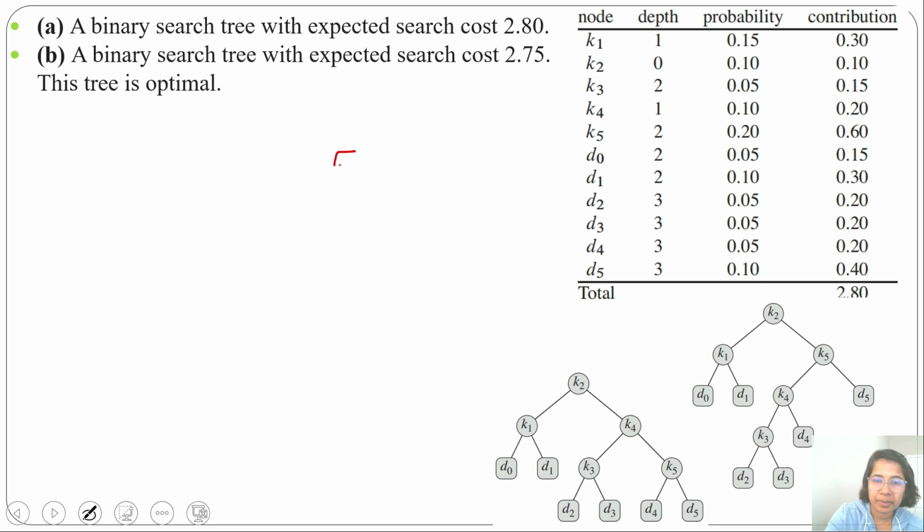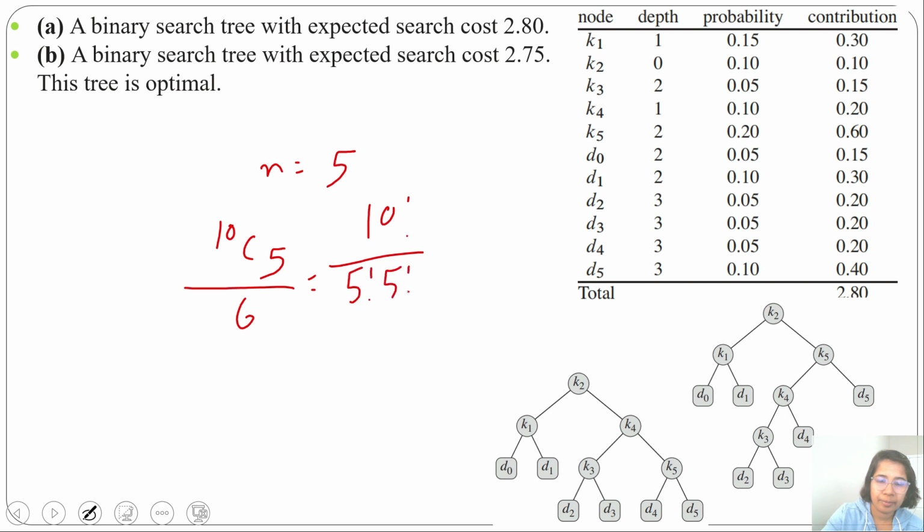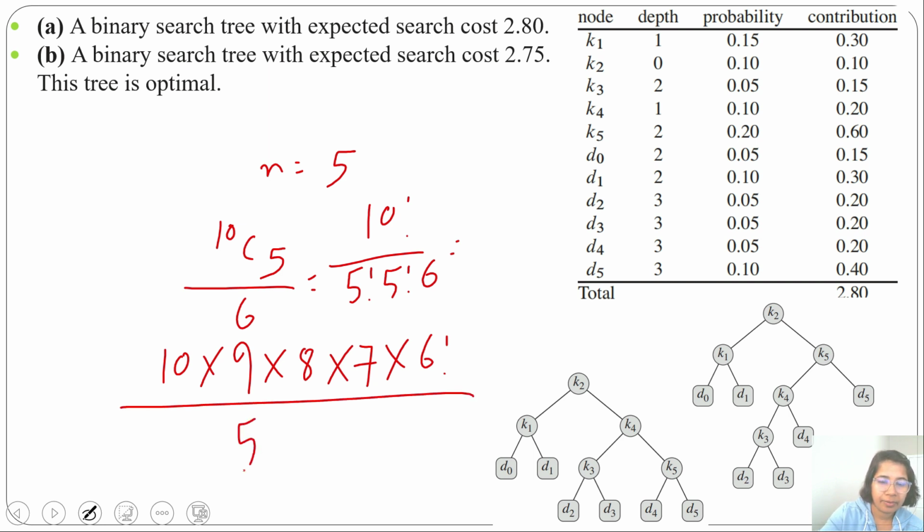There are 5 keys. For n equals 5, how many binary search trees are possible? 10C5 divided by 6. So 10 factorial divided by 5 factorial times 5 factorial times 6. 10 times 9 times 8 times 7 times 6 factorial, divided by 5 factorial times 6 factorial.